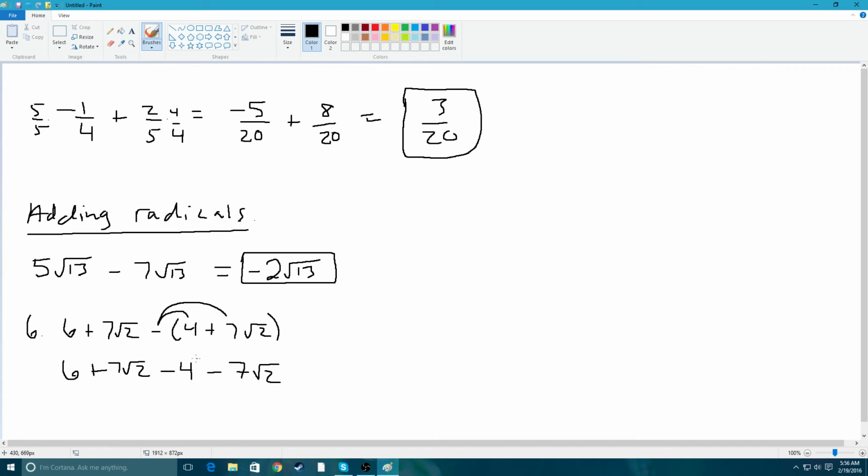And you have to make sure you only combine like terms. So the 6 and the 4 can combine. 6 minus 4 gives us 2. And then the other like terms are 7 root 2 minus 7 root 2. 7 minus 7 gives us 0 root 2.